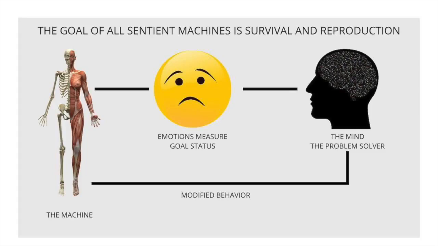Anyway, our emotions, which are the things that measure the status of this goal, how well are we surviving? How well are we reproducing? There's a whole story there. I'll go into it very briefly.